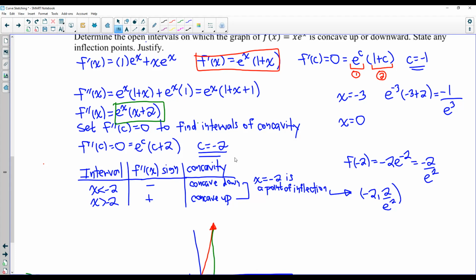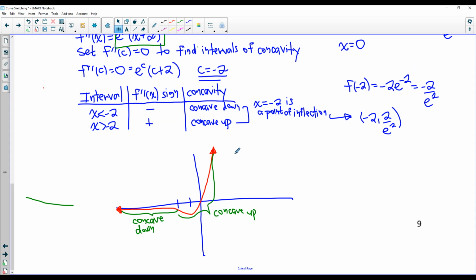So if you find the second derivative and identify the NPVs for the second derivative, or the values that make the second derivative equal to 0, those are your critical points for the intervals of concavity. Then you can identify whether it's concave up or concave down, and based on that, whether you have points of inflection or not. Although, again, be cautious in terms of whether those critical points are also vertical asymptotes.